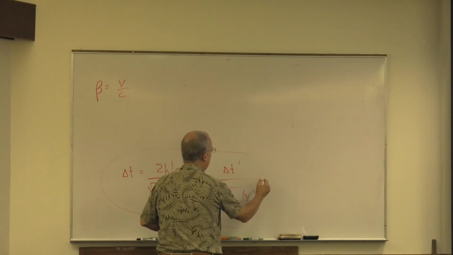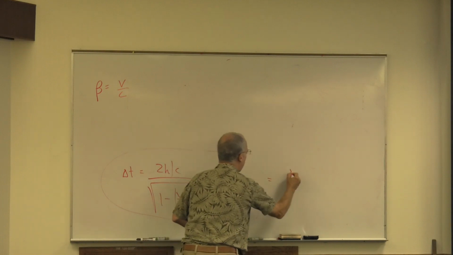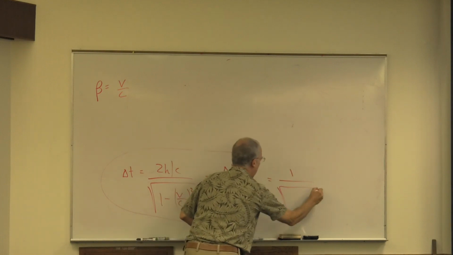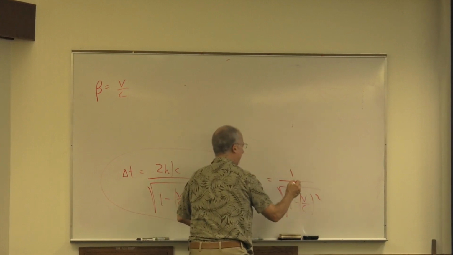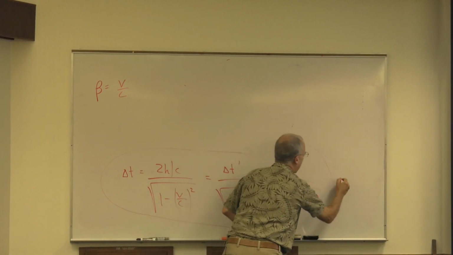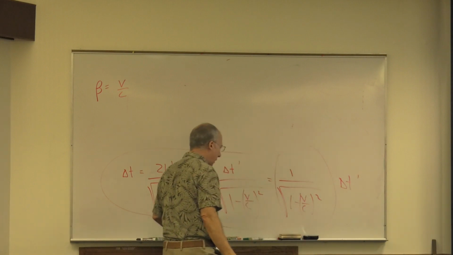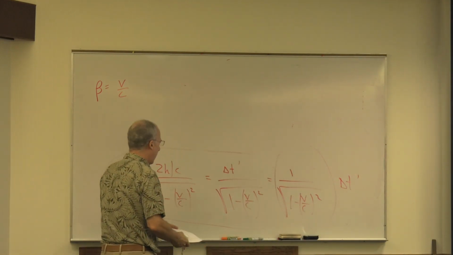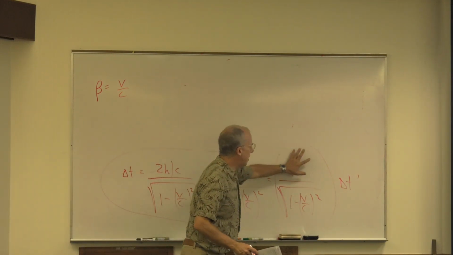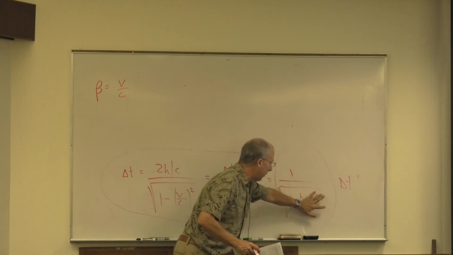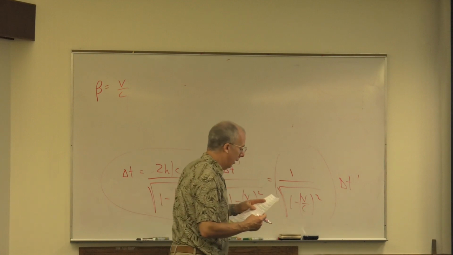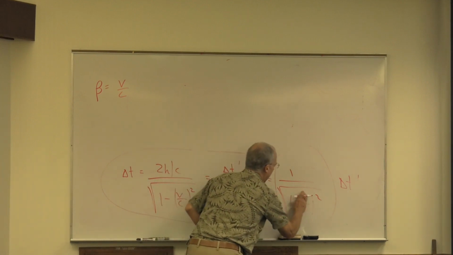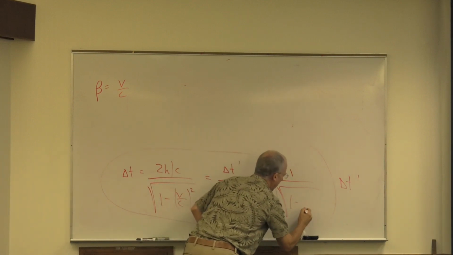Now, let me write this. Isn't this the same thing as 1 over the square root of 1 minus (v over c) squared, times delta t prime? Yeah, it's the same thing. You're also going to see this all the time in relativity, and you get sick and tired of writing it. By the way, this is the same thing as 1 minus beta squared.